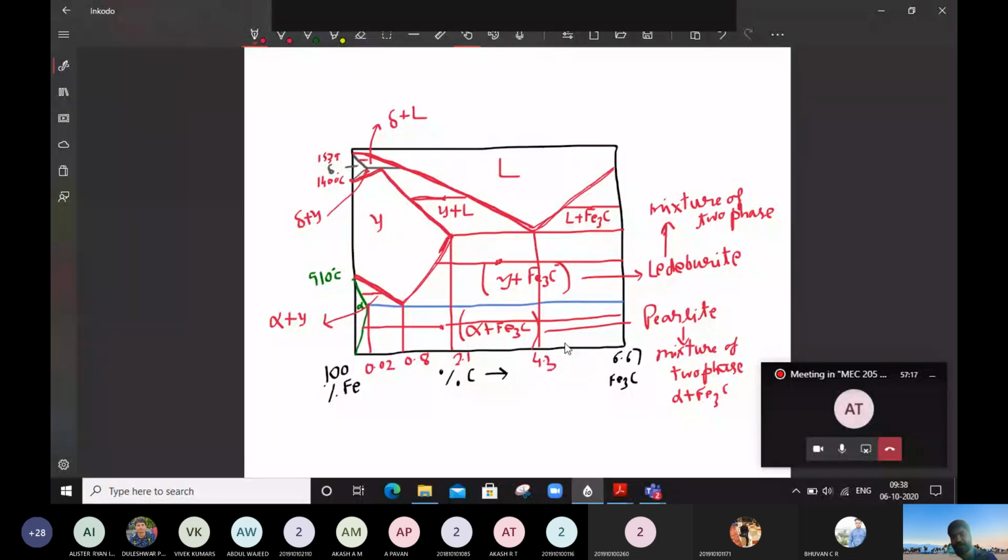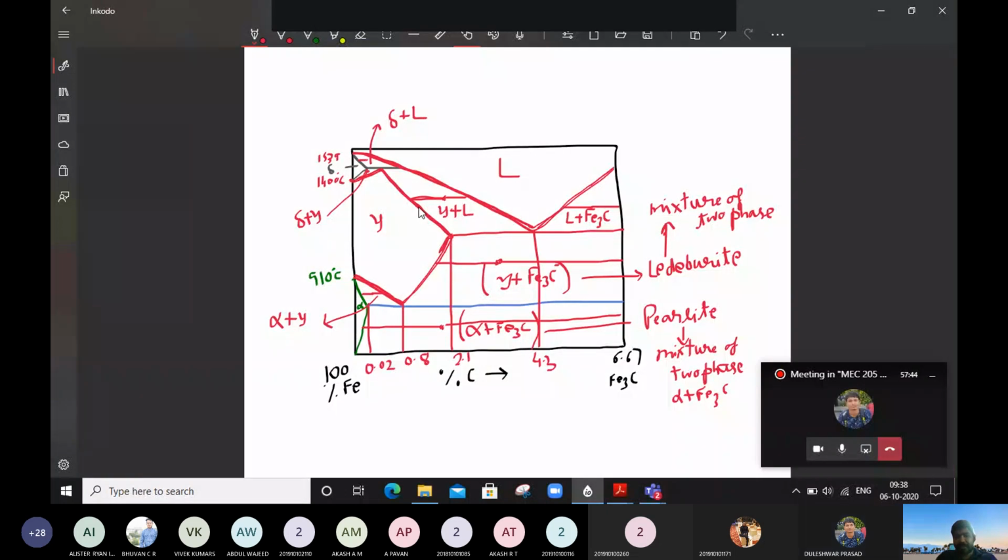Yes, does anybody remember what this is? Anybody remember what the eutectic point is that we discussed during the binary eutectic phase diagram? Sir, it lies on an isothermal line. Yes, correct.